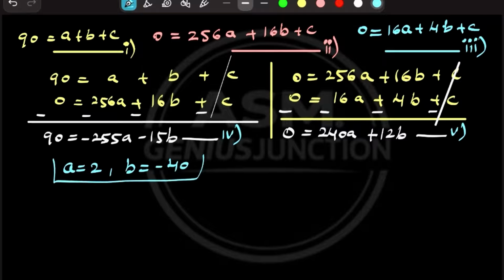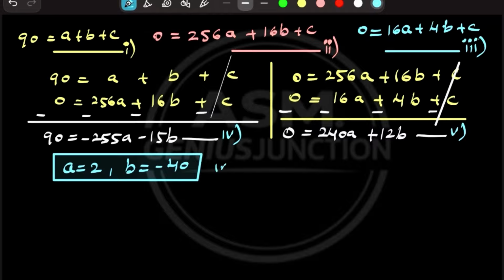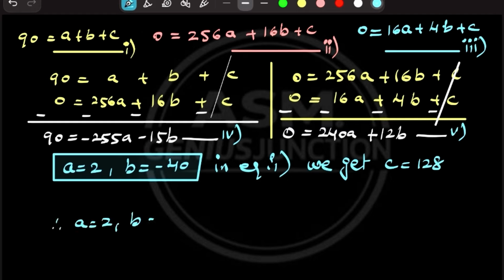And when we put a equals 2 and b equals minus 40 in equation number 1, we get c equals 128 as the final answer. So I can write, therefore, a equals 2, b equals minus 40, and c equals 128.